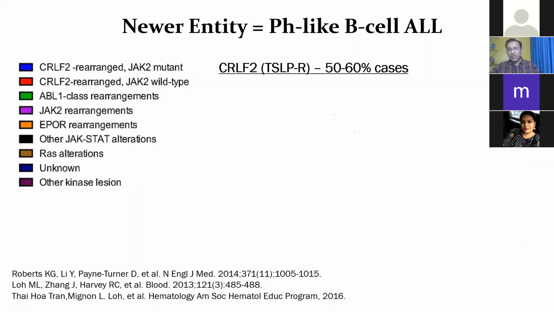Almost 50 to 60% of Ph-like ALL present with this, and fortunately we can pick up this abnormality by flow cytometry very easily, because we have to just put in one antibody for CRLF2, which generally costs 100 to 200 rupees for a flow cytometry lab, in addition to your routine flow cytometry, and you can pick up 50 to 60% of Ph-like ALL out of the total.